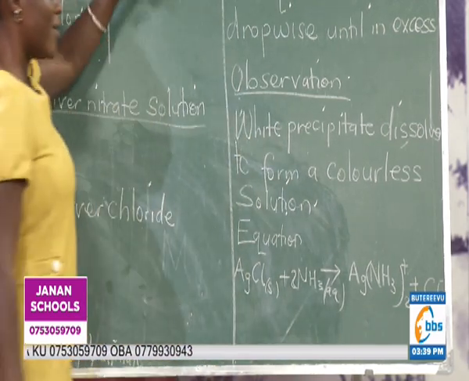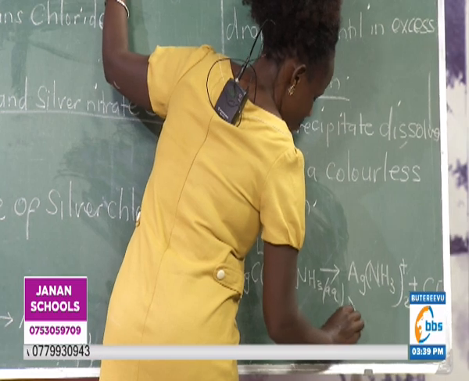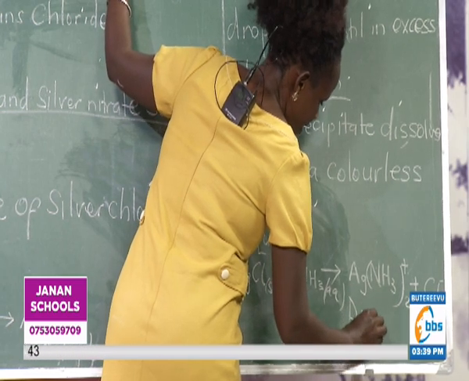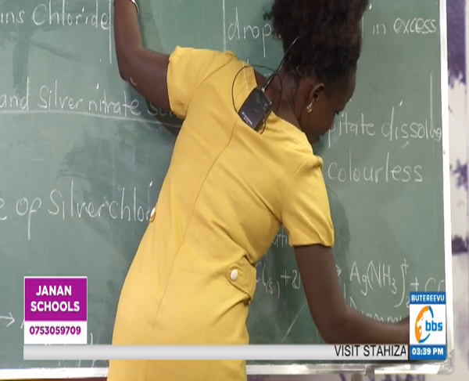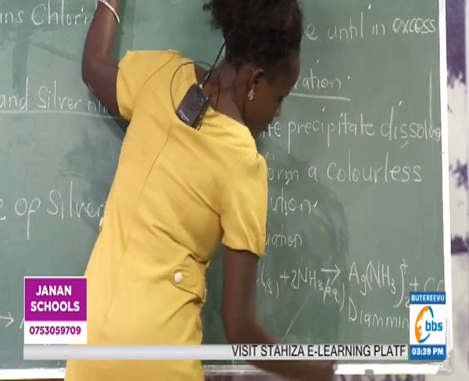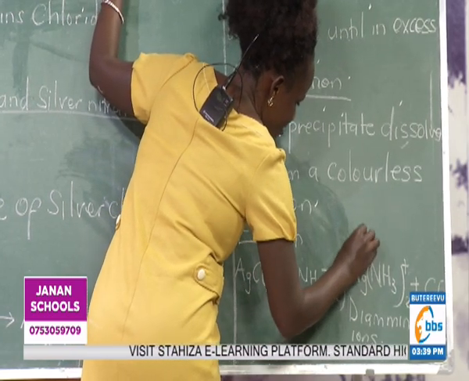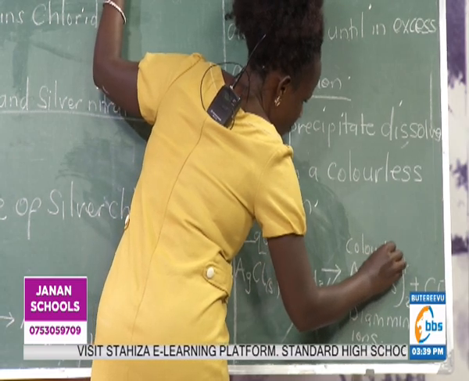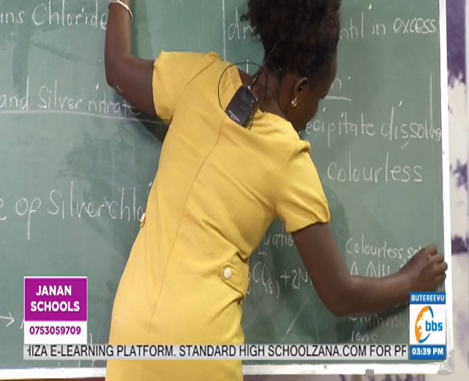Okay? So that complex is called diamine silver ions, and that is a colorless solution.